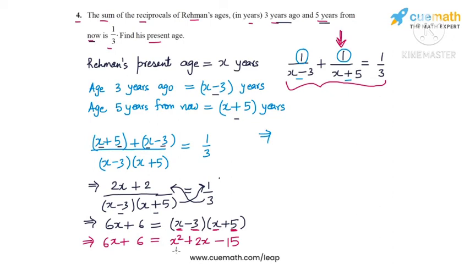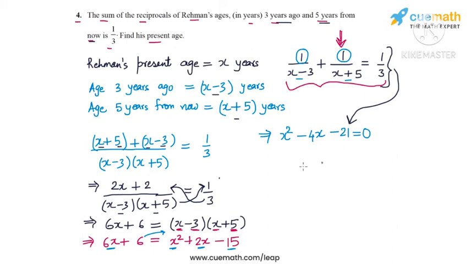So we will get x square, and then we have 2x here, and if we take the 6x to the right side we get minus 4x, and then we have minus 15, and if we take the 6 to the right side we get minus 21. So x square minus 4x minus 21 equal to 0, and what we have really done here is modified this equation into this quadratic equation.